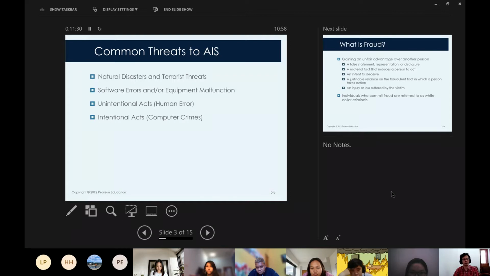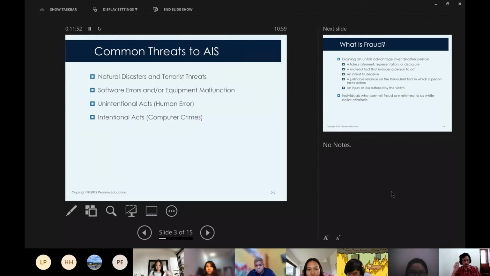Next, intentional acts, computer crimes. Somebody hacks into the system or somebody physically steals your computers, your devices. That happens. It happened to me once when I was in Jakarta and was on a Bajaj.